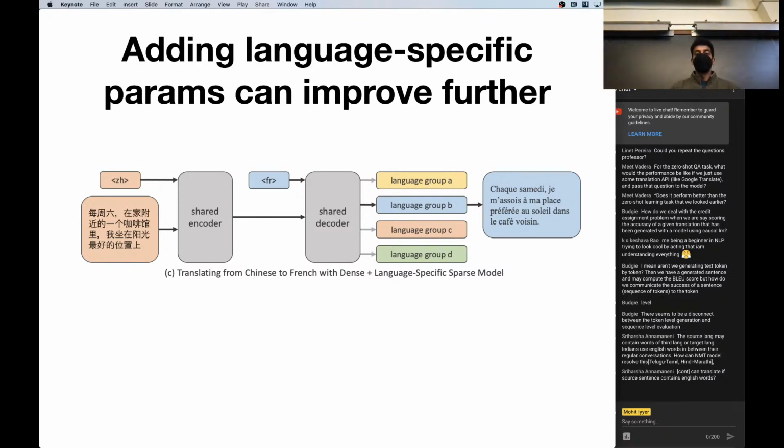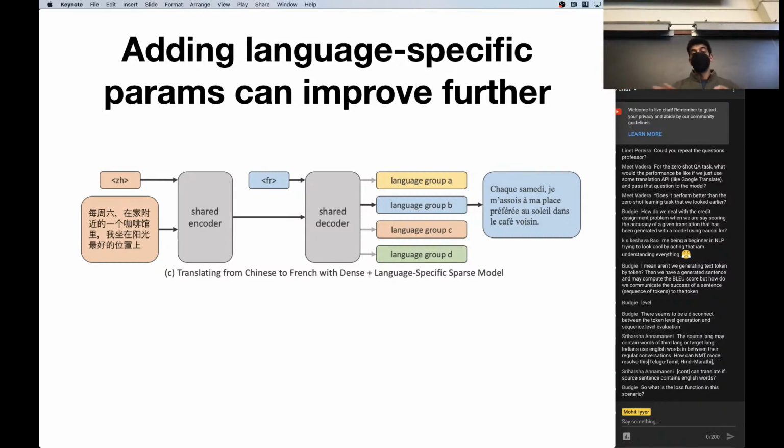So another experiment that they do in this work is, so here there were no language-specific parameters other than that one token that indicated the identity of the language in the encoder and decoder. They tried to add some language-specific parameters, like a whole layer that is unique to each language, and you can swap those out.